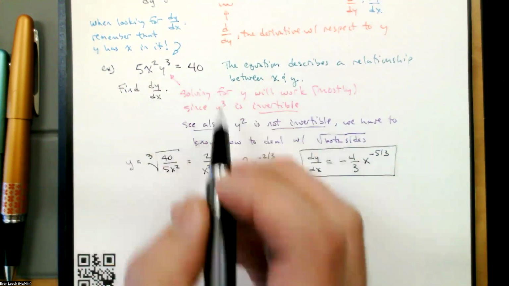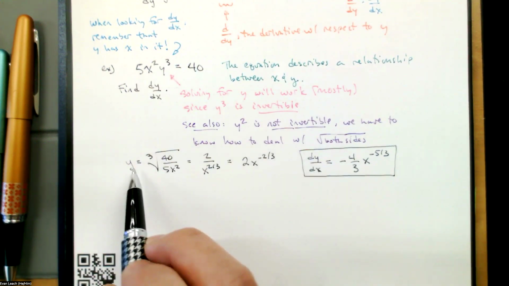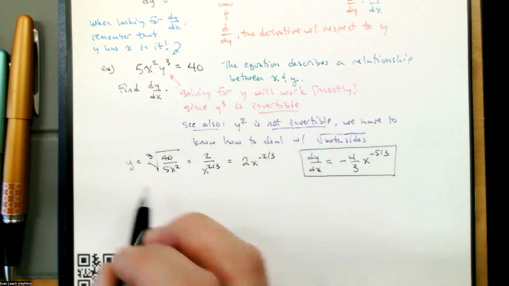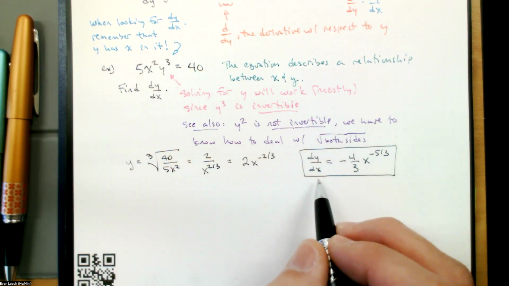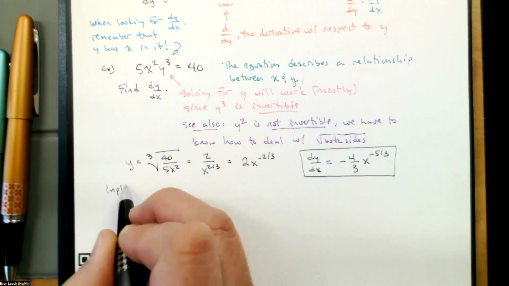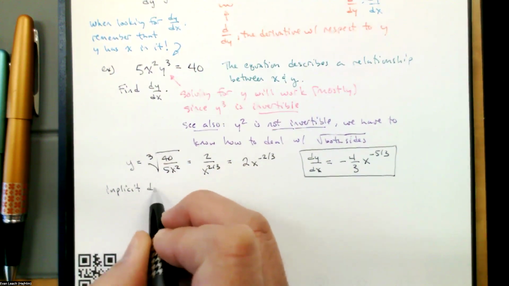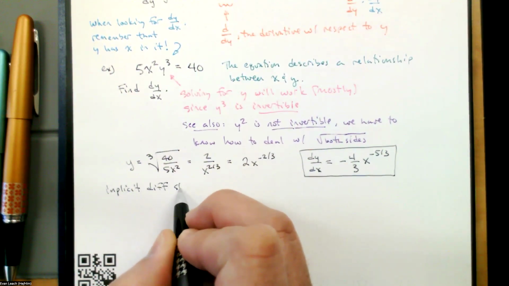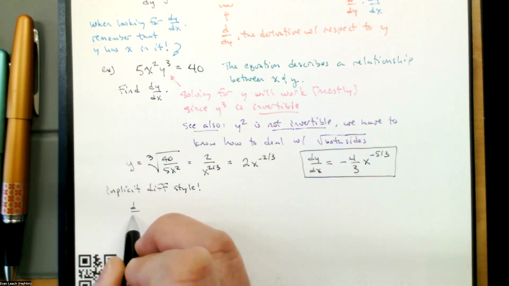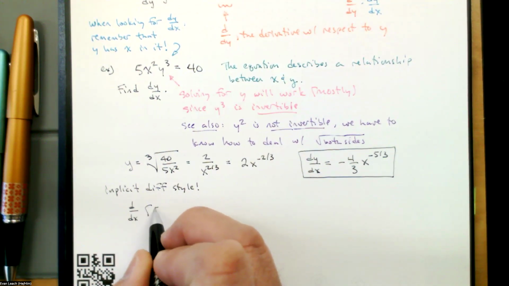All right, so rather than solving for y and then finding the derivative, if we wanted to do implicit differentiation, we're just going to take the derivative with respect to x of both sides.